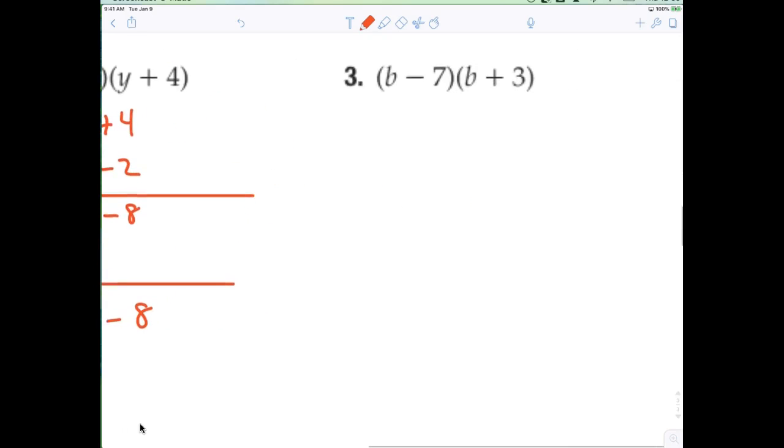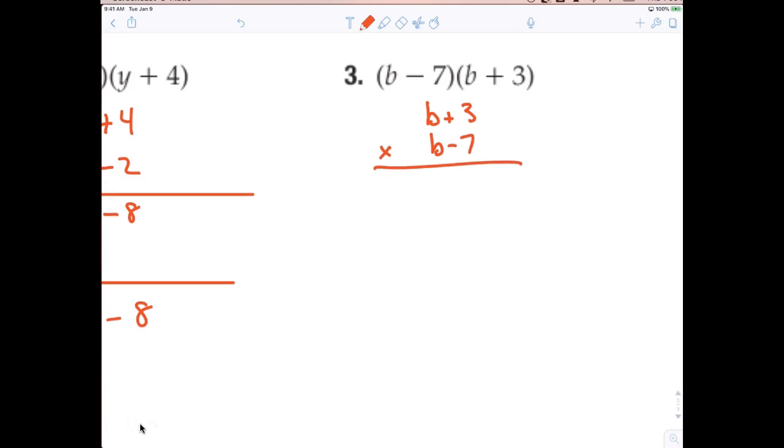Now, you should be good with 3. Go ahead. Do number 3 real quick. What'd you get? b squared minus 4b.